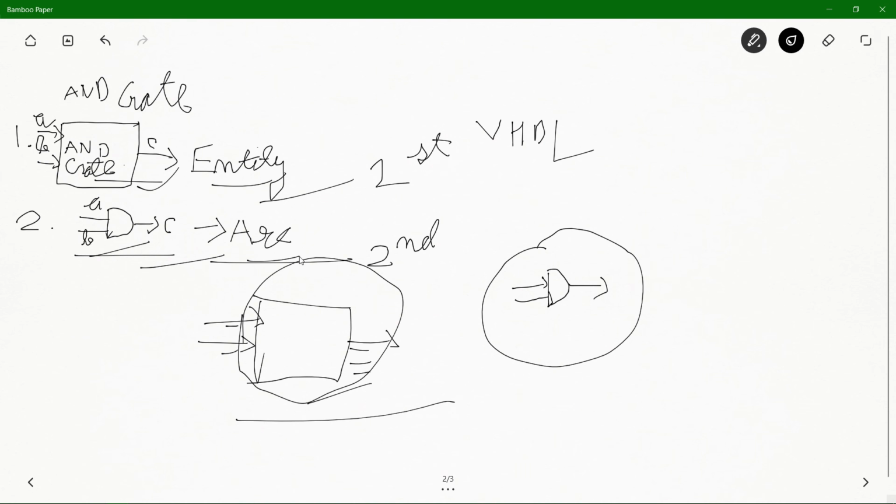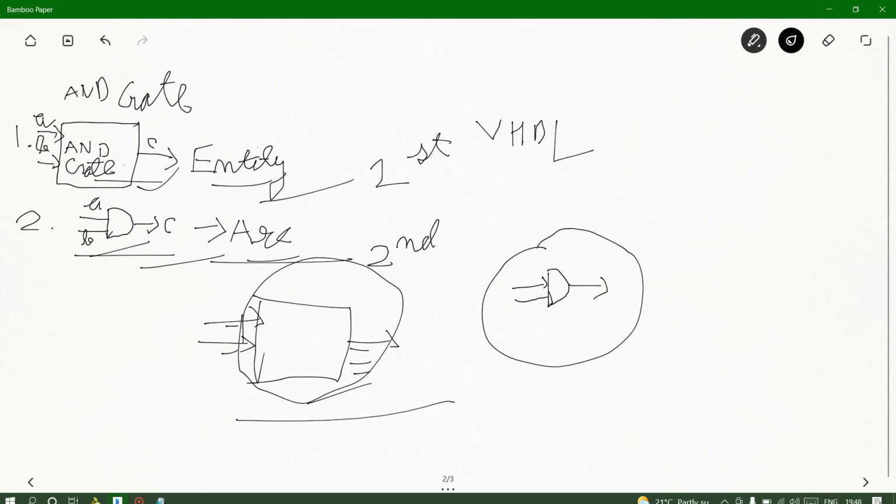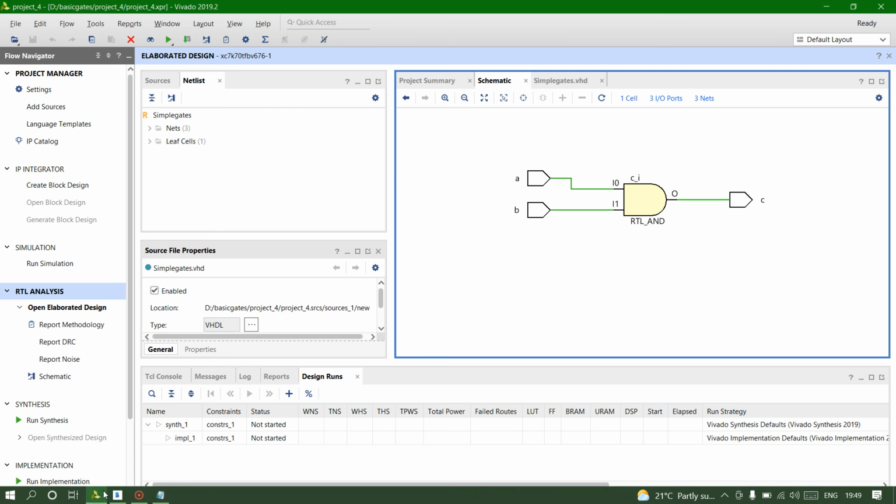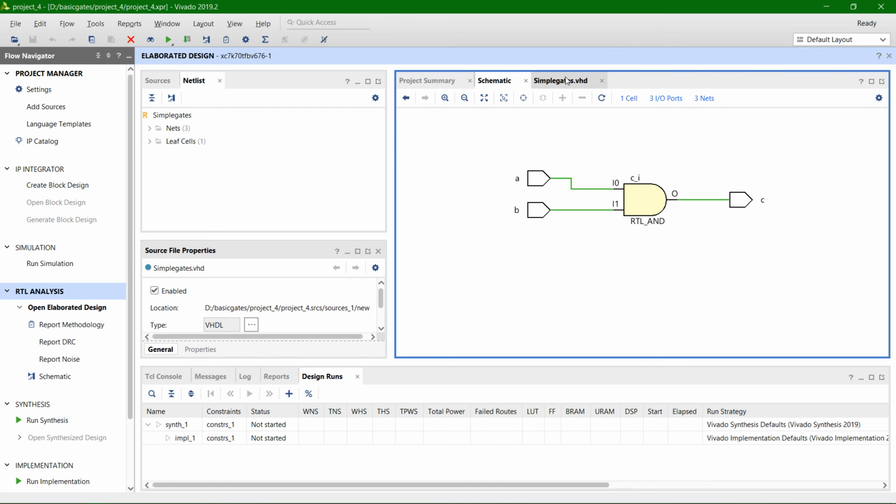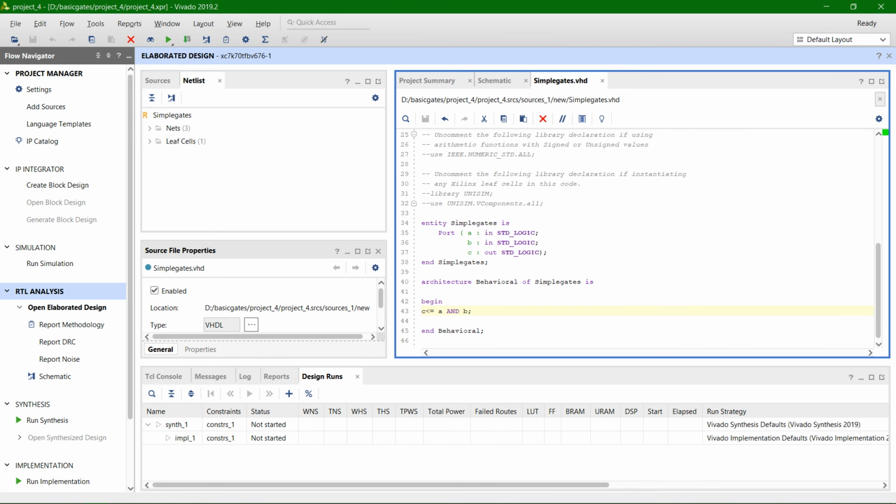From the architecture portion, we are telling the compiler what kind of operation I want to do with the help of those input and output ports. So this was my program for doing the AND of the A input and B input, whose output is assigned to C.